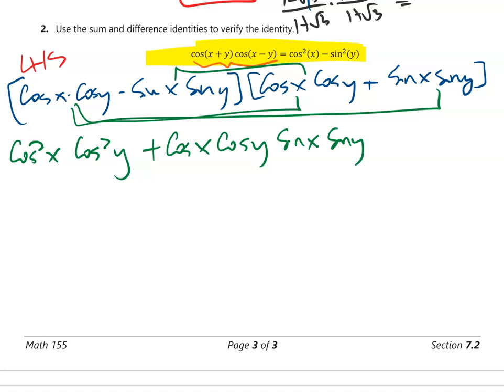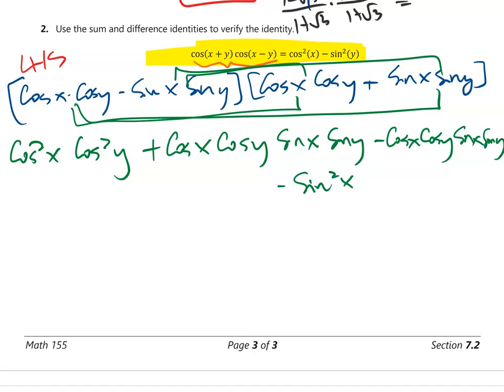If you multiply these two, that's going to be cosine x cosine y sine x sine y. Then multiply the last two terms, it's going to be minus sine squared x sine squared y. And simplify this. Cosine x cosine y sine x sine y minus cosine x cosine y sine x sine y, that is 0.